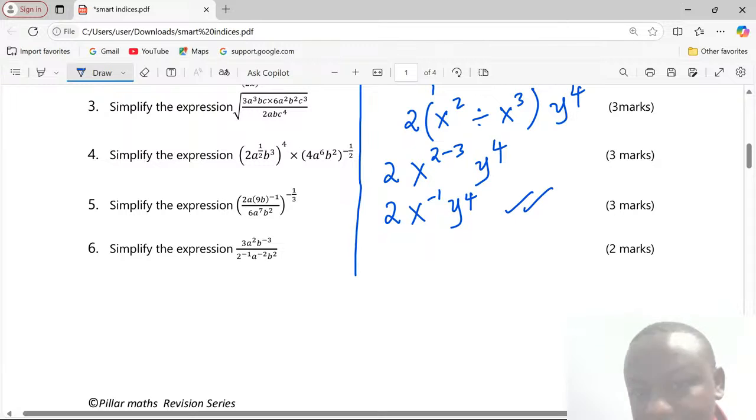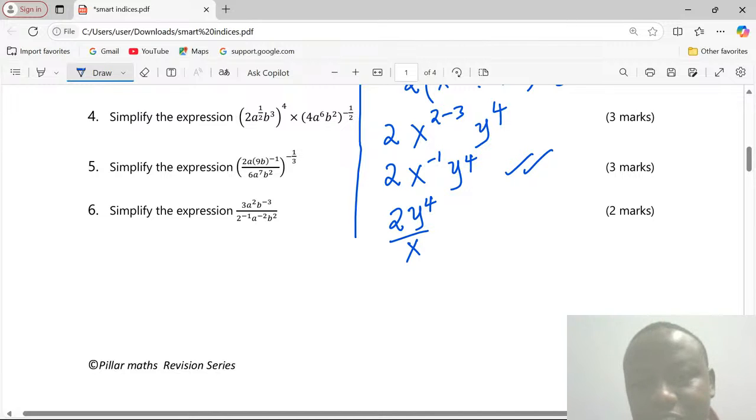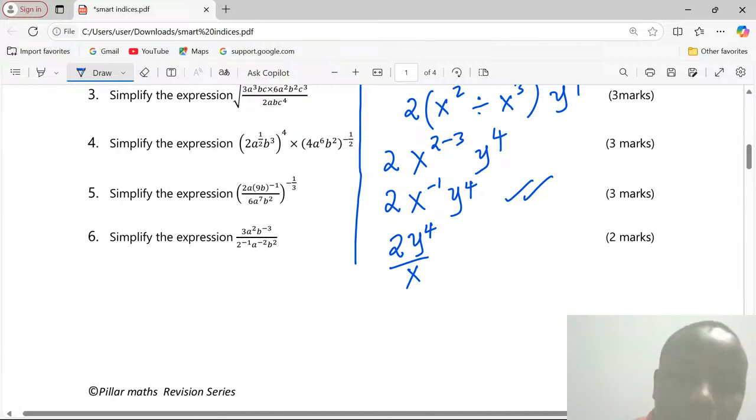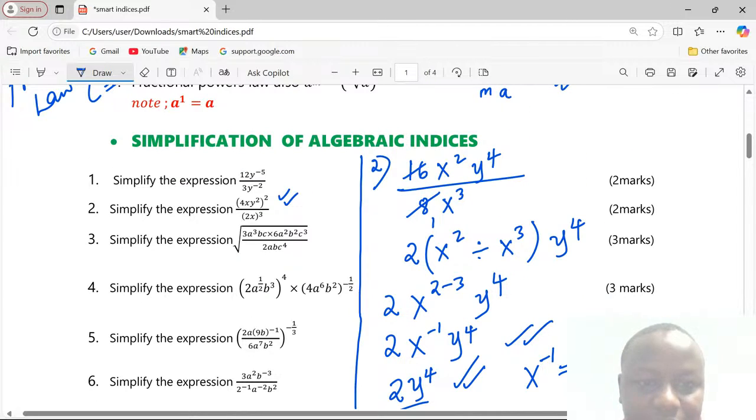This is a simplified expression. But a student can still move ahead to have 2y power 4 divided by x, because when x is raised to power negative 1, it means the reciprocal and the power becomes positive. And remember, anything raised to power 1 remains the way it is. So I will still be correct to argue in this manner.